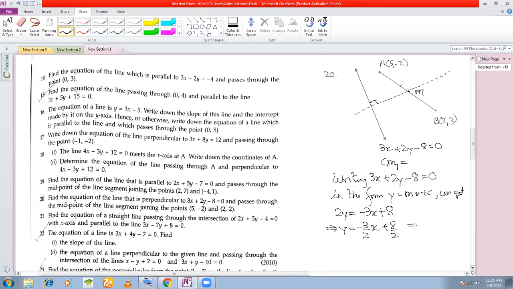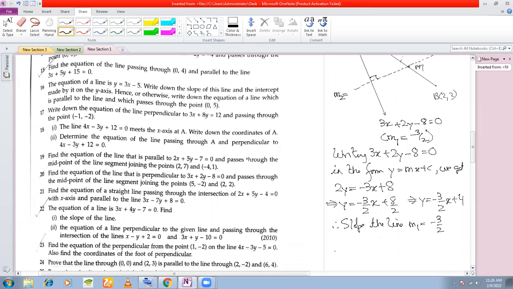This is a shortcut I'm taking. After so many problems, I'm permitted to take this shortcut. This is in the form y is equal to mx plus c. Therefore, the slope of the line m1 is minus 3 by 2. Because the dotted line and this line with slope m1 are perpendicular to each other, what should be the slope of the dotted line? Let us say it is m2.